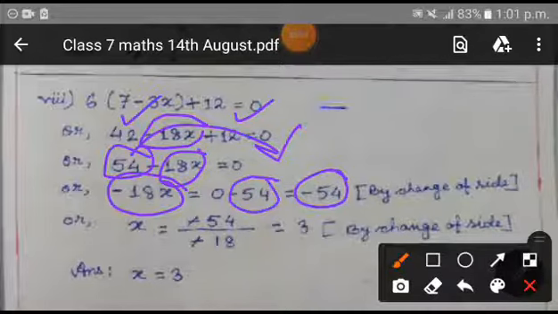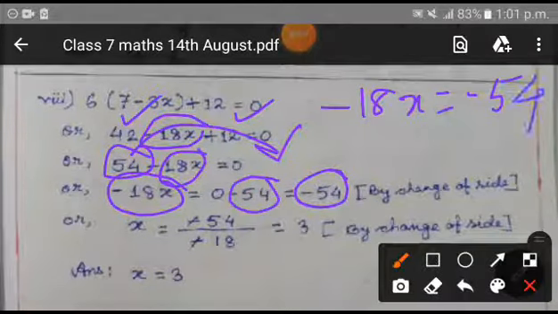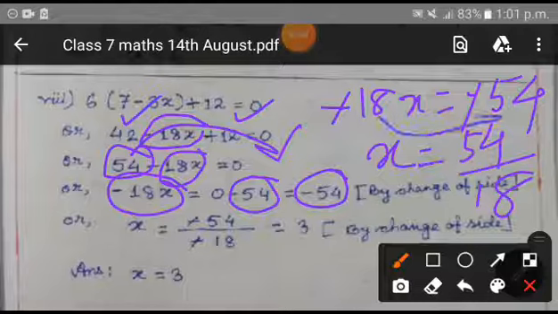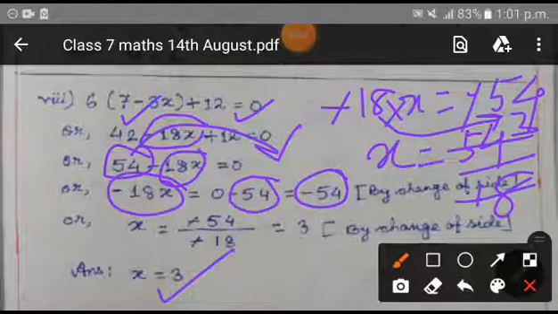So you are getting -18x = -54. Now minus and minus cancel from both sides and you will get x = 54 by 18. This 18 will go down into the denominator because 18x means 18 into x. So you will get 3, because 18 3s are 54. That is why you are getting the value of x as 3.